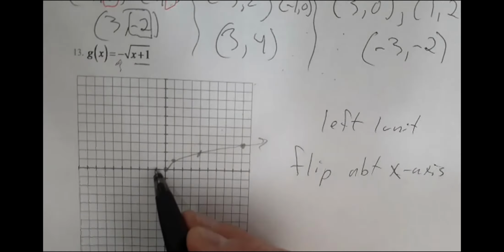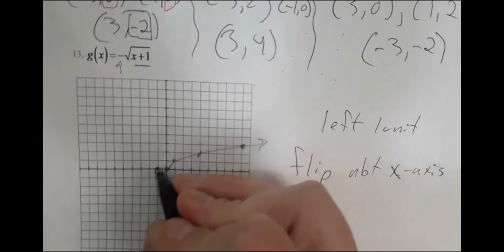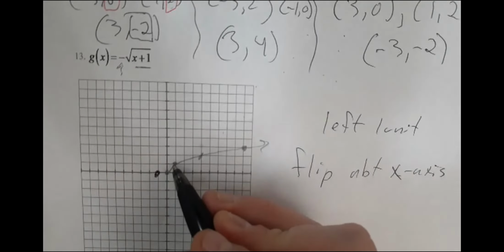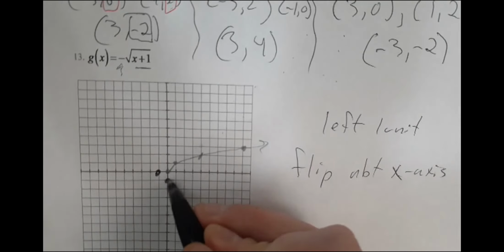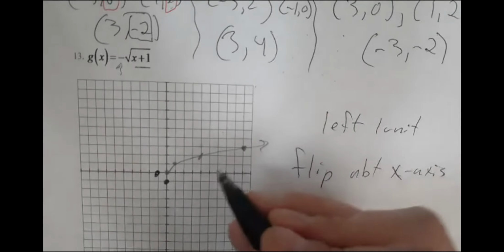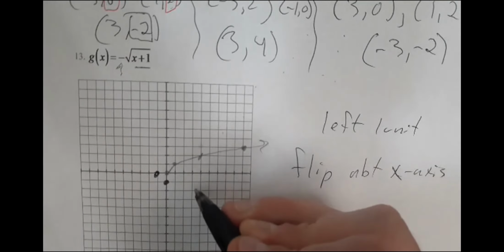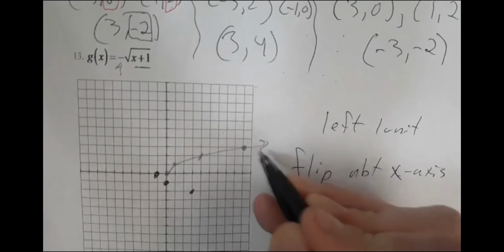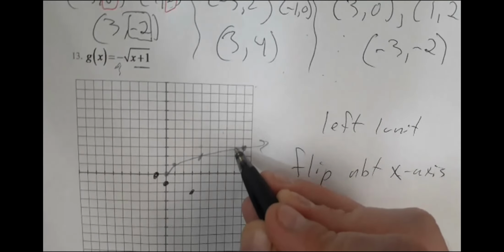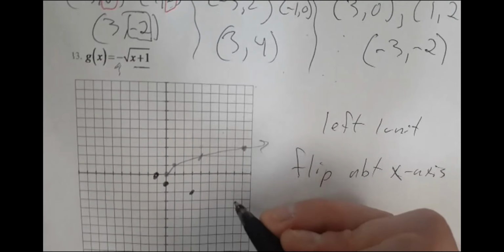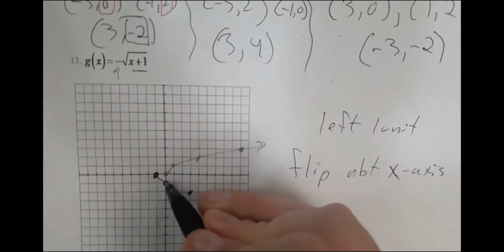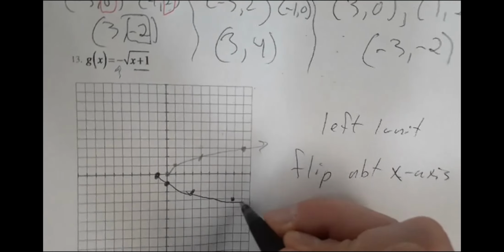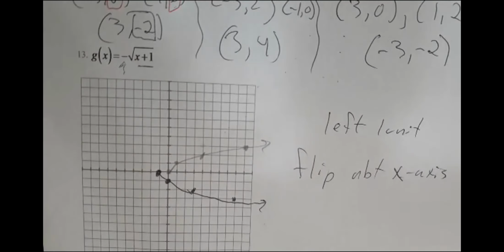So I'm moving it left, and I'm flipping it. It's going to stay on the x-axis. I move this thing left 1 unit, and I flip it. It's going to come down here. I move this left 1 unit, and then I flip it. I move this back left 1 unit, and I flip it. Should be looking something like that.